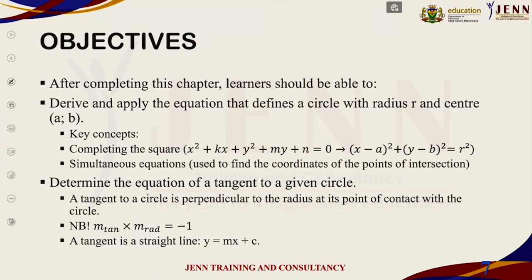Completing the square. So, if we have the equation of a circle in the form x squared plus kx plus y squared plus my plus n equals to 0, to move it to the form (x minus a) squared plus (y minus b) squared equals r squared, we complete the square.